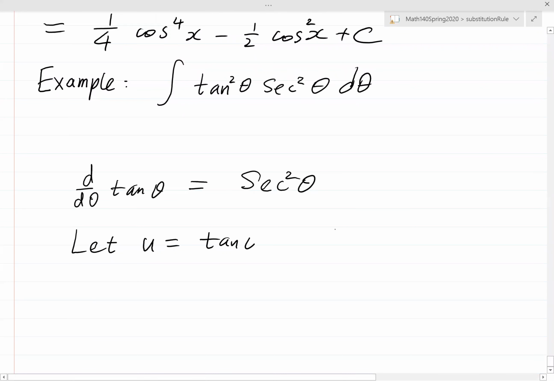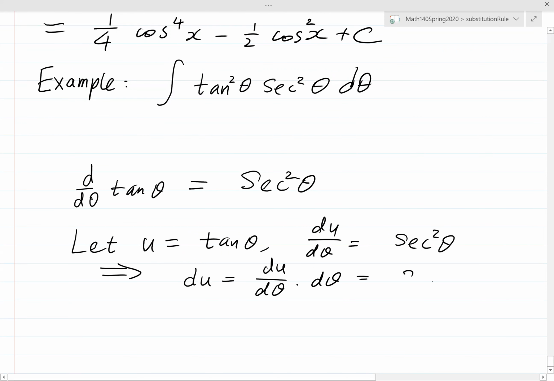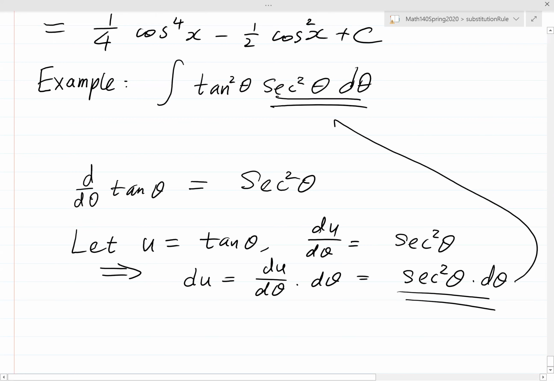Then du over d theta will be the derivative of tangent theta, which is secant squared. So du is secant squared times d theta. You see we have secant squared d theta on both sides, they correspond to each other. So this means our substitution is right.